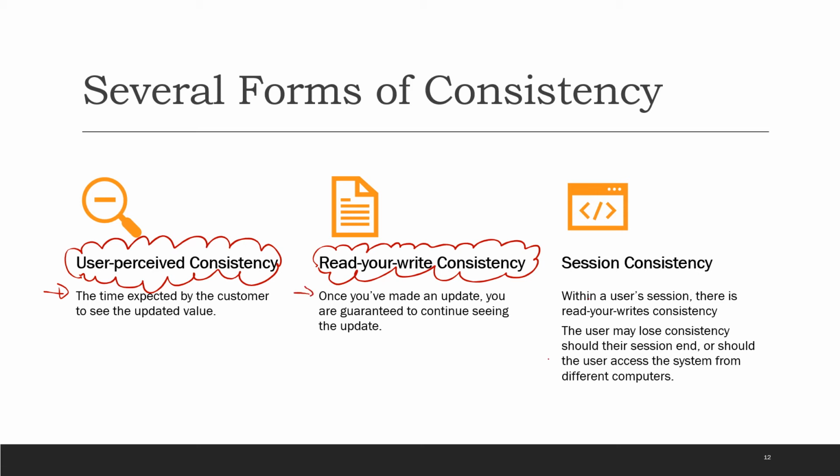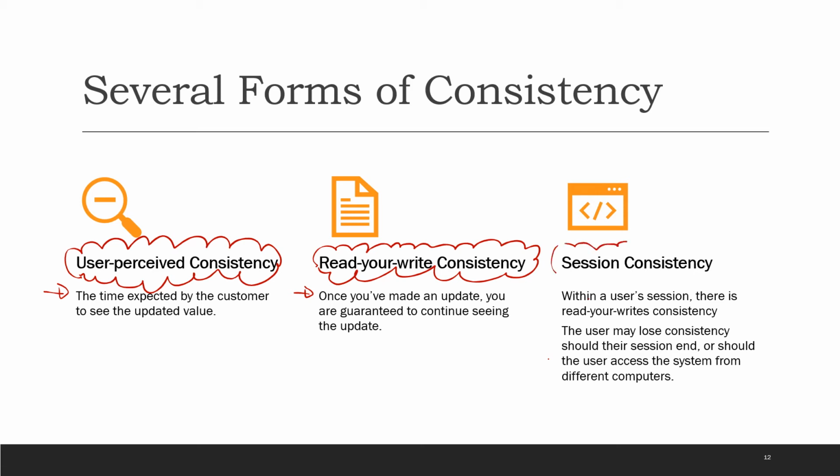With read your write consistency, the system should guarantee that once a user has made an update, the user is guaranteed to continue seeing his or her own update, even if all the nodes have not yet been synchronized with the same consistent data. But at least the node that the user accesses the data from should always contain the consistent data related to the user's update.